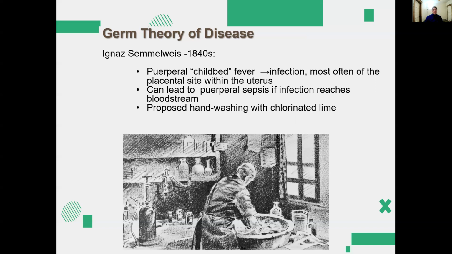So his friend was stabbed with a knife that was contaminated by a post-mortem autopsy, essentially. And then Kochka's own autopsy showed a pathology similar to that of the women who were dying from puerperal fever. So Semmelweis immediately proposed the connection between cadaveric contamination and puerperal fever. He forced everyone to wash their hands before and after patient contact, and this decreased mortality from childbirth fever to around 1% during certain time periods.